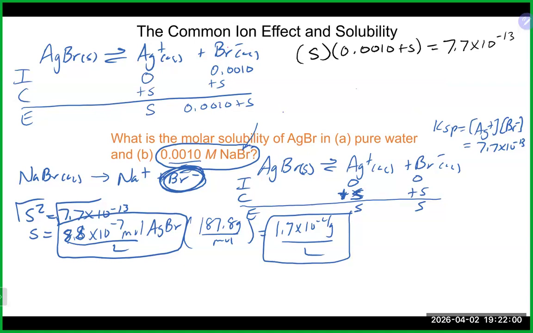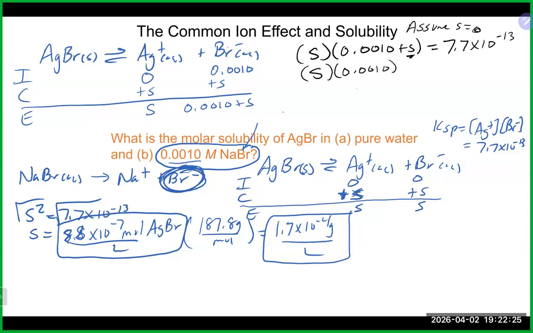Now, just like we've done before with equilibrium problems, that K value is a small value, right? And when we have a small value, we could do a little assumption, and assume in this case, S is going to equal 0. So we could actually do the exact same thing we've done previously. And that's going to make this much more manageable in terms of solving.